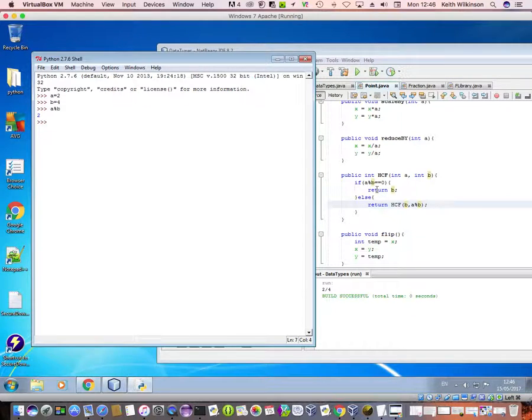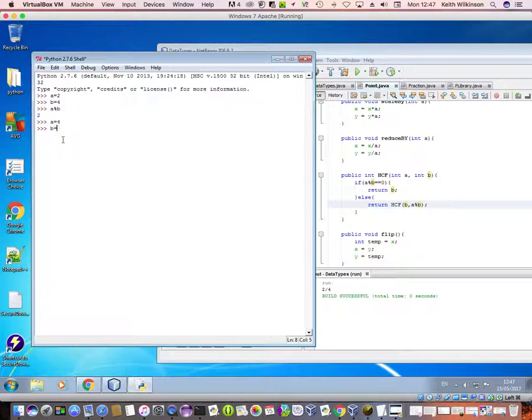So we skip here and we go to the else because it wasn't 0, and we again run the highest common factor, but we swap around the values. Now the first value is B, so now I'm going to say that A is equal to 4 because that's what B was here, and B has to be A mod B from before, which is that blue value there, 2.